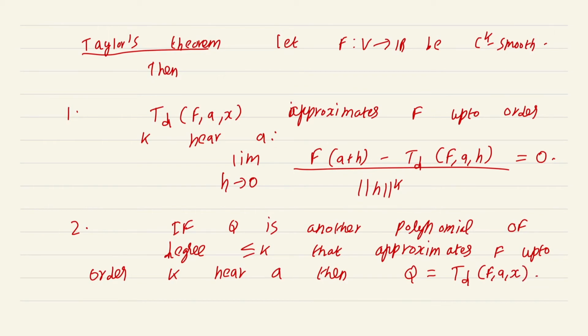So the Taylor polynomial is the unique polynomial that approximates f up to order k near the point a. Of course, what is crucial is that the polynomial has degree less than or equal to k.